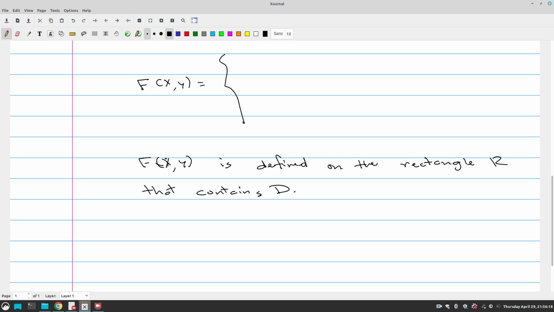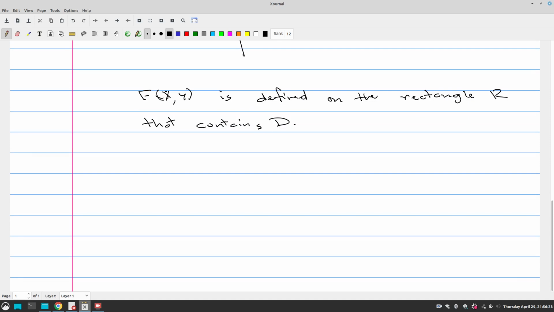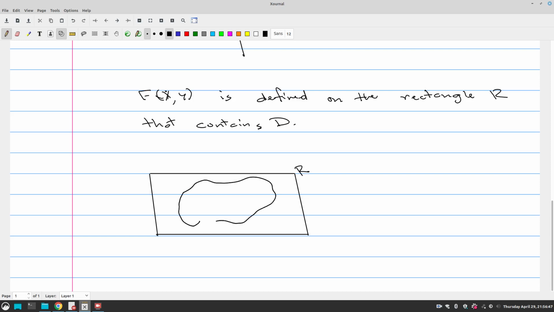We can do this because D is finite in extent, right? D is not infinite. So let's draw this rectangle R, and D is some region within the rectangle R.